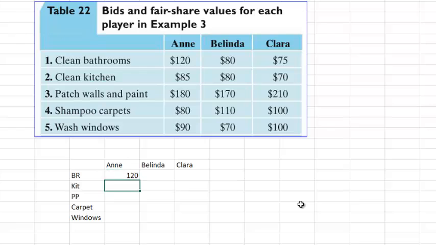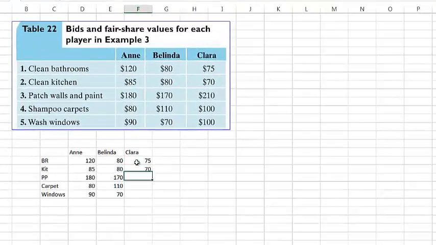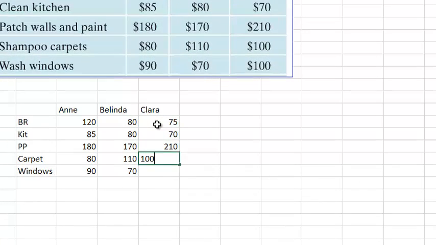Anne bids 120, 85, 180, 80, and 90. Belinda bids 80, 80, 170, 110, and 70. Clara bids 75, 70, 210, 100, and 100.